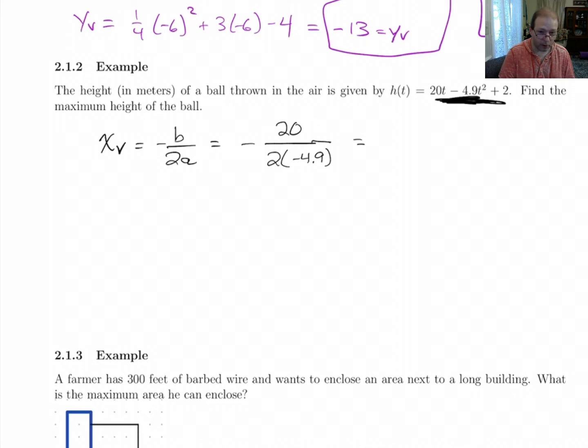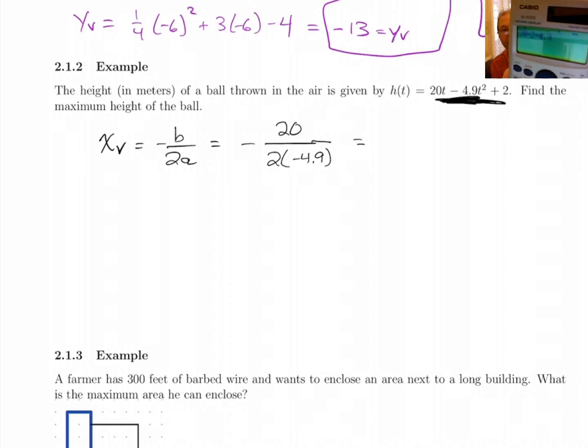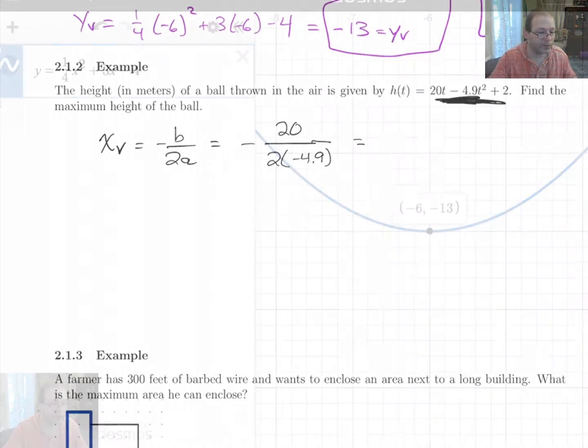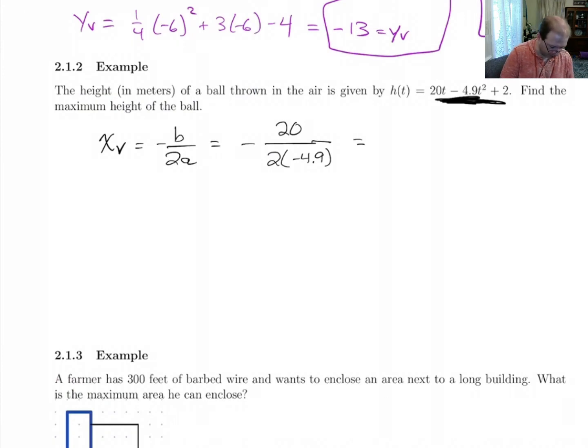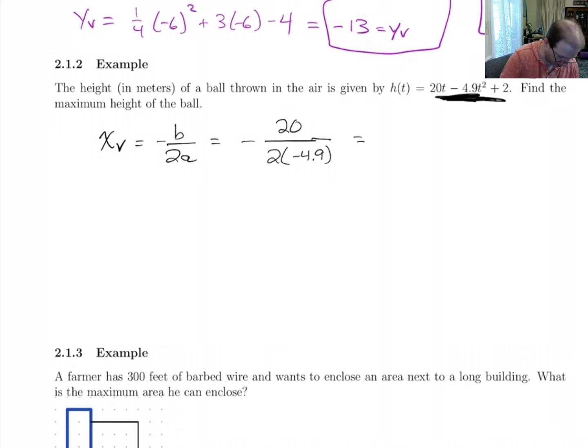So let's see. 20 divided by 2 divided by 4.9. I'm putting that in my calculator like this. Not sure how well you can see that. Let me turn this on. For order of operations, notice what I'm doing: 20 divided by 2 divided by 4.9. This actually gives me a fraction.